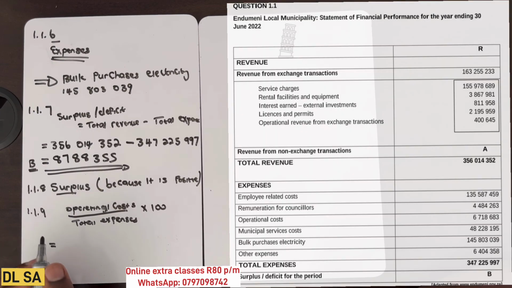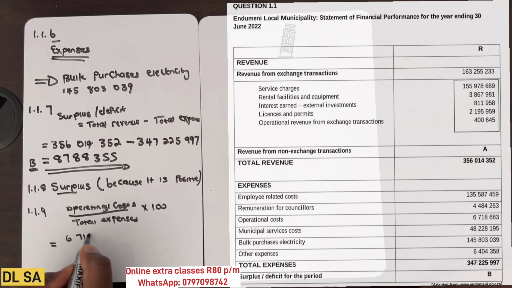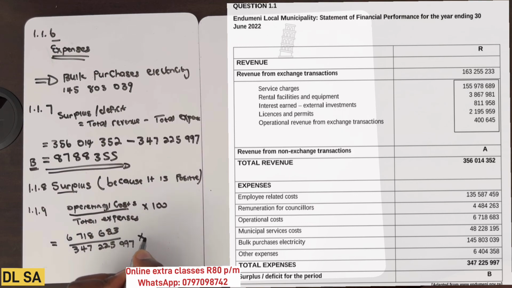So operational costs is 6,718,683 divided by total expenses, which is 347,225,997 multiplied by 100. So now let's go ahead and plug this on our calculator.